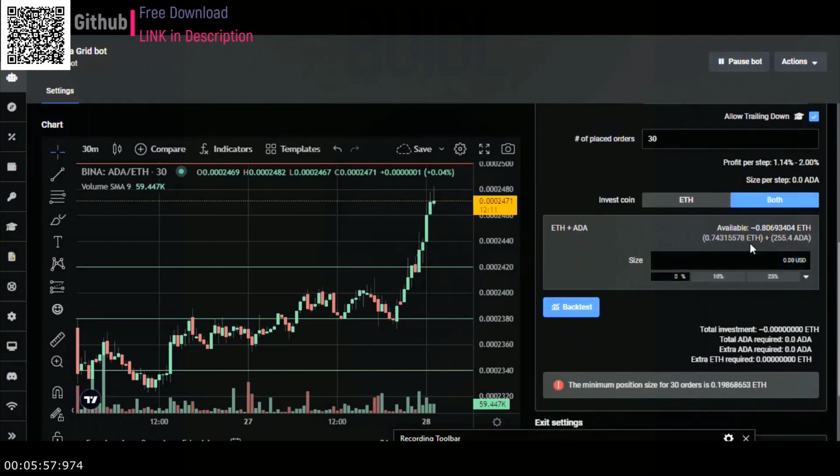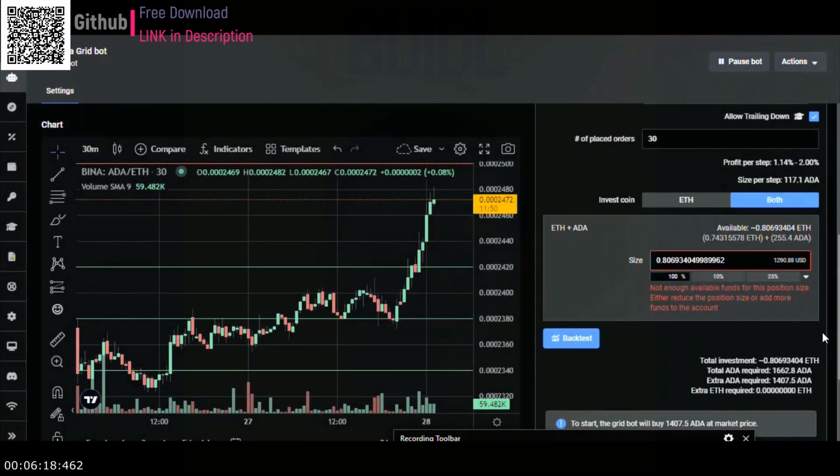My available balance of Ethereum is around 0.8, and the total balance is around 0.8. Out of that, 0.7 from Ethereum and 255 from ADA, right? I'm going to put all my money into this grid bot, so I would select 100%.